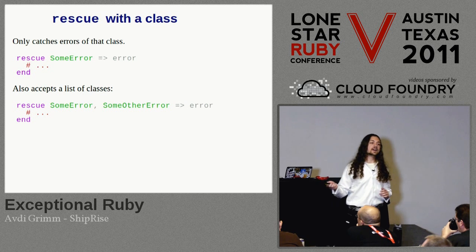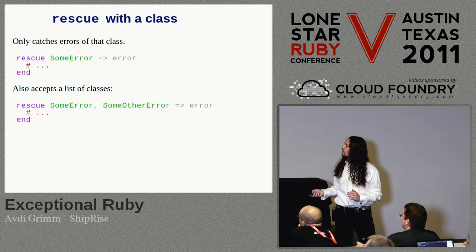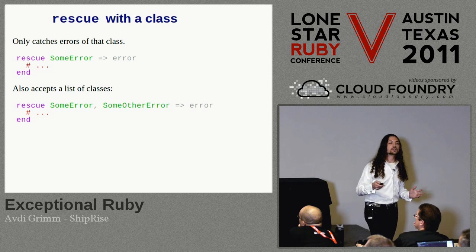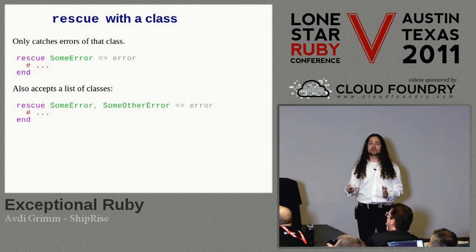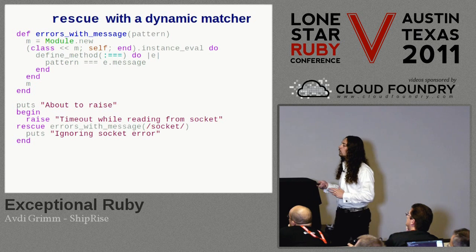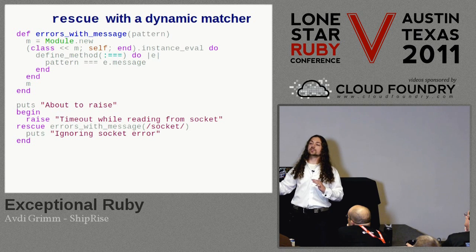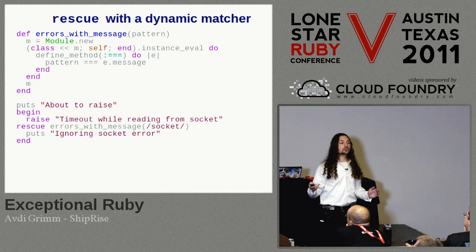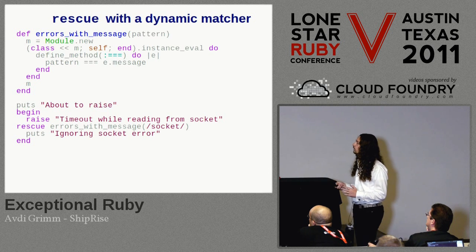Now, this syntax might look a little bit familiar. It's similar to Ruby's case statement, and that's not a coincidence. The way Ruby matches exceptions is very similar to the way it matches objects in case statements, and we can use this knowledge.